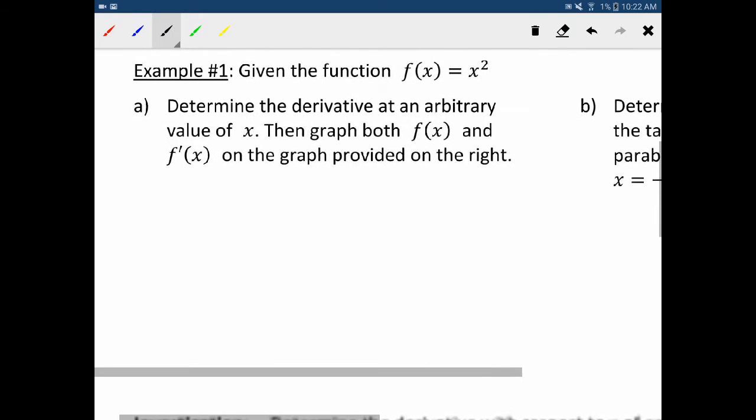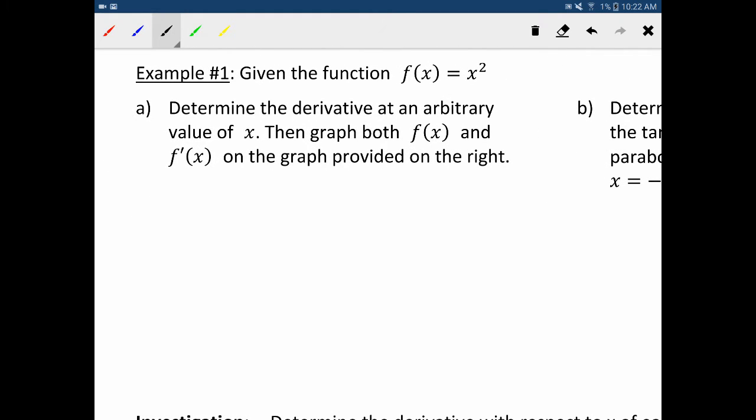So given the function f of x equals x squared, we're going to determine the derivative at an arbitrary value of x. So what I mean is I'm not going to pick a specific value of x. I'm going to leave it as x.